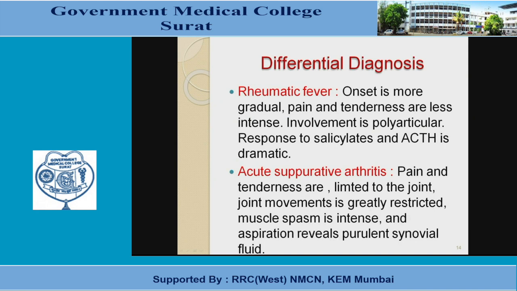But in rheumatic fever, more than one joint is simultaneously involved and they are located at the joint itself, while in acute osteomyelitis it might be present in the metaphyseal region also. In acute suppurative arthritis, pain and tenderness are the same as it is limited to the joint. Joint movements are restricted and there is reflex muscle spasm, which is intense. And aspiration reveals purulent synovial fluid.